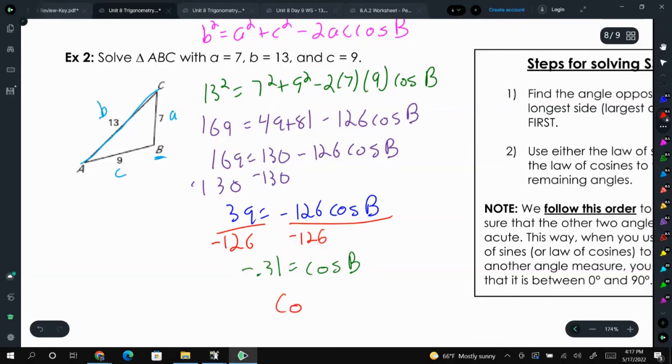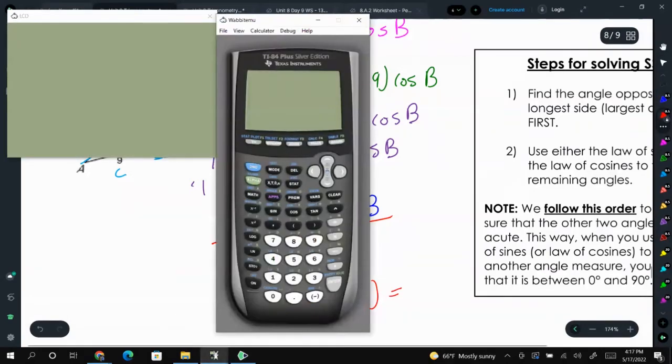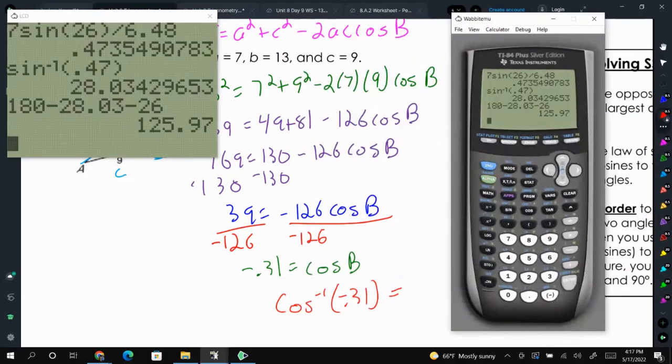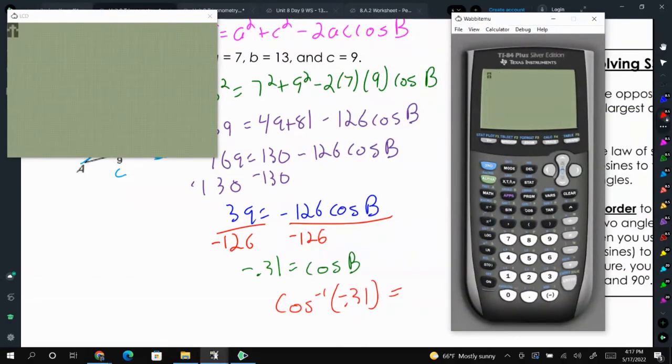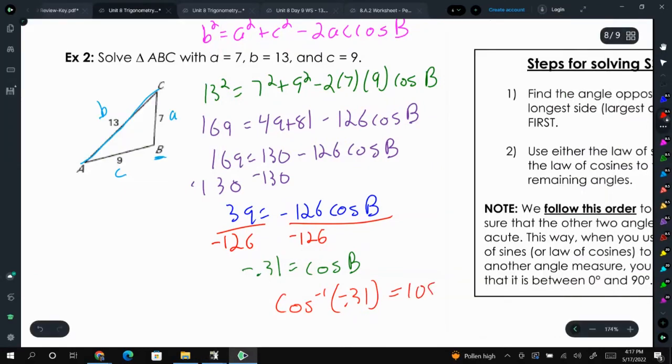So then to calculate the angle is going to be the inverse cosine of negative 0.31. Inverse cosine negative 0.31. And that gives 108.06. So we know the biggest angle here is 108.06.